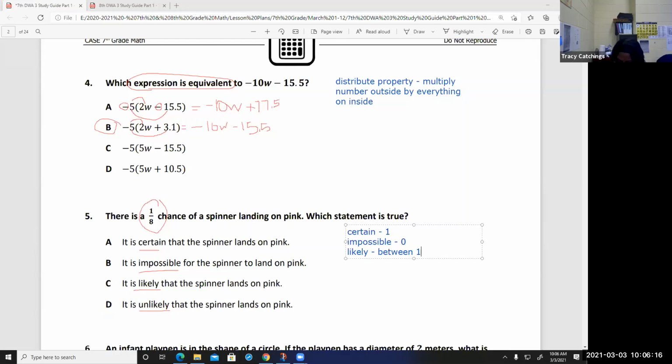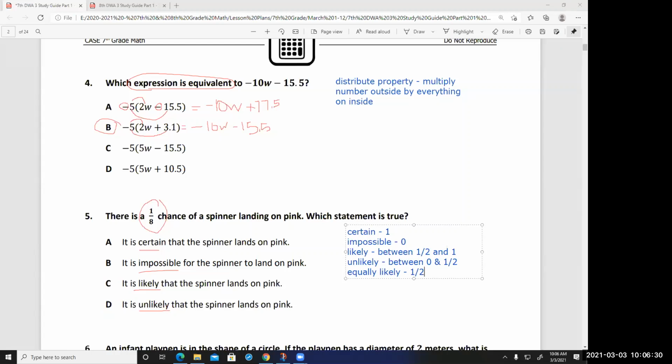Okay, between 1/2 and a whole, and then you said unlikely is between 0, and 0.5, and then the 5th one is equally likely, meaning we are at a half.